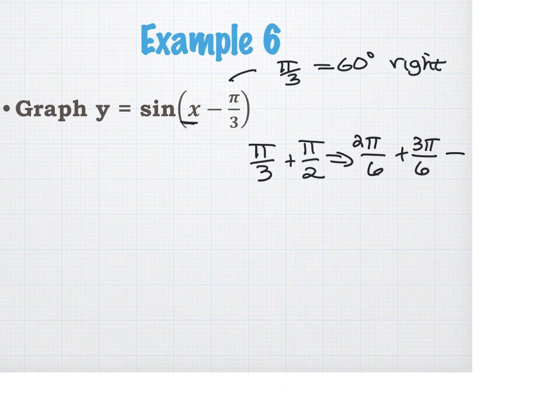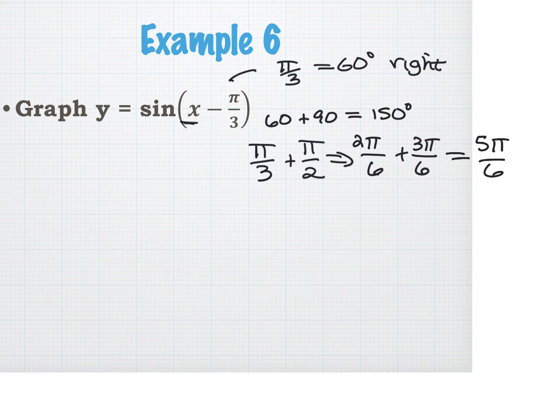Once I add this, I get 5 pi over 6. And again, if you think about it, 60 degrees, my starting point, plus adding 90, ends up at 150 degrees. 150 degrees in radians is 5 pi over 6. Now I need 4 points, so I've got to do it again.